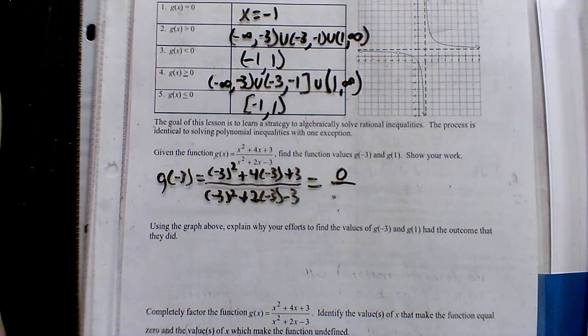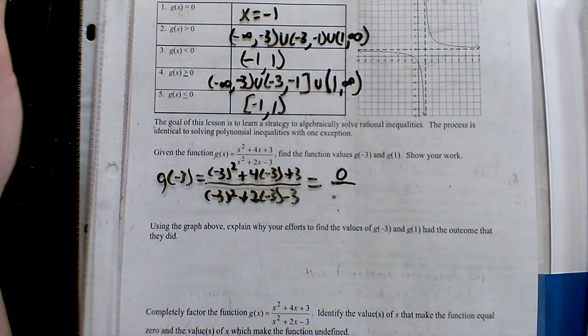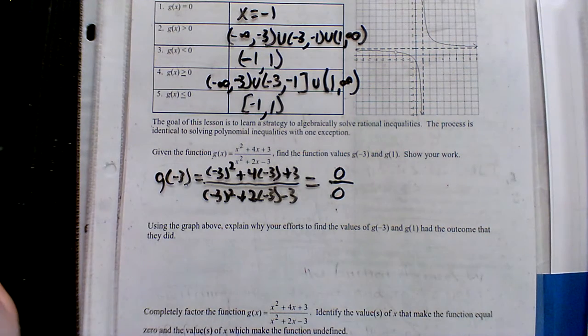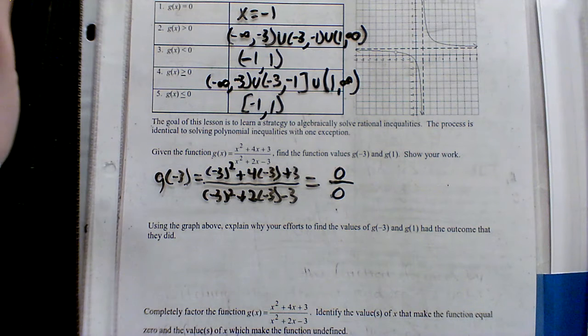I have the top value. What did you get for the bottom value? 0. Okay. So what is this answer if we get 0 over 0? We kind of have like two ideas going in our head, but what is our actual answer for this one?